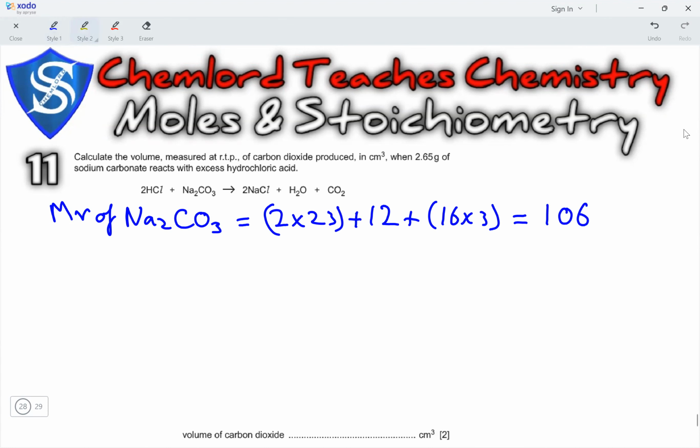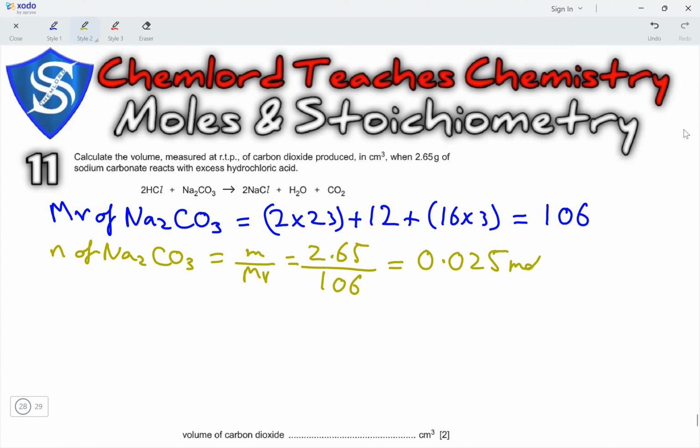The next step is to calculate the number of moles of sodium carbonate, which can be calculated using the formula of m upon Mr, m being the mass, which is given as 2.65 grams. Mr has been calculated as 106, and the number of moles of sodium carbonate present is equal to 0.025 moles. The next thing to do is to calculate the molar ratio of sodium carbonate and carbon dioxide gas given in the equation, which is equal to 1 is to 1.